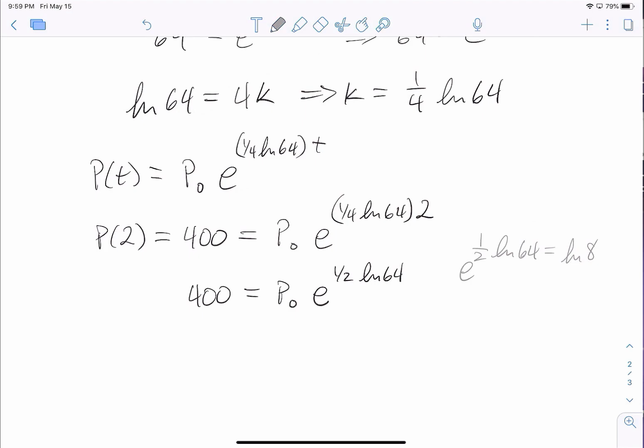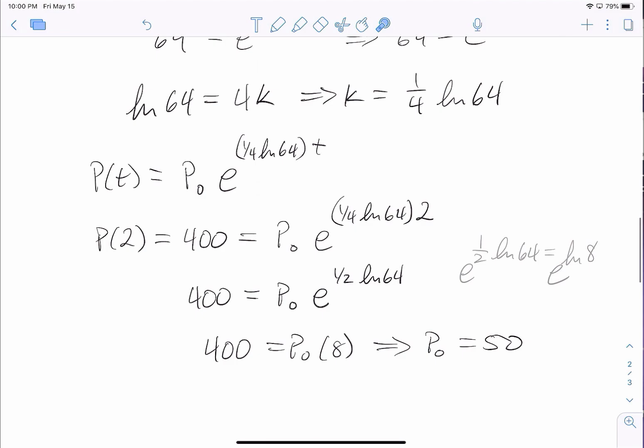And folks, e to the natural log of 8 gives us that 400 is equal to p sub 0 times 8, which means that p sub 0 turns out to be 50. I liked keeping k in terms of the natural log because it gave us an exact answer for p sub 0. We didn't have any round-off error.